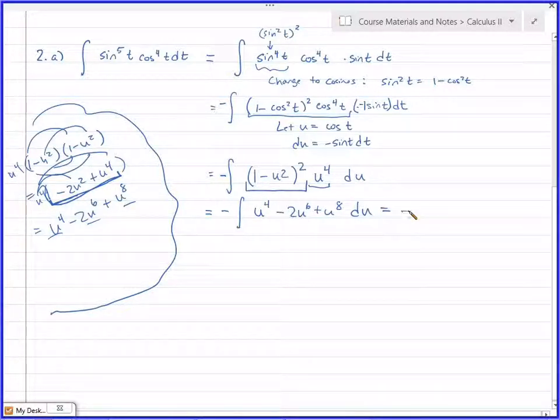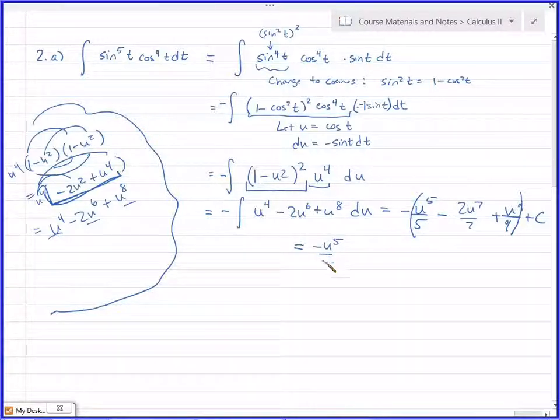Good. U to the 5th over 5, 2u to the 7th over 7, and u to the 9th over 9. And then, oh, I've got to be careful. My minus sign is actually out in front of everything, right? So technically that's minus u to the 5th over 5 plus 2u to the 7th over 7 minus u to the 9th over 9 plus c.